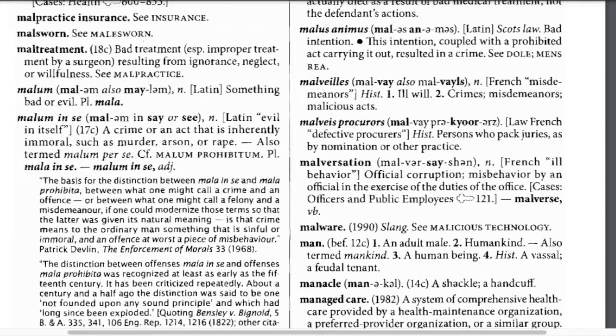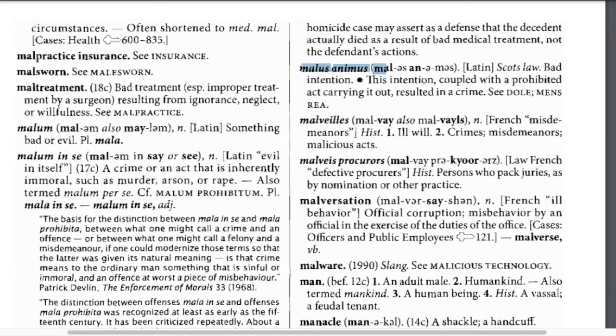Oh, there's malus animus. Latin. Scots law. Bad intention. This intention, coupled with a prohibited act carrying it out, resulted in a crime. So there it is. It's bad intention.